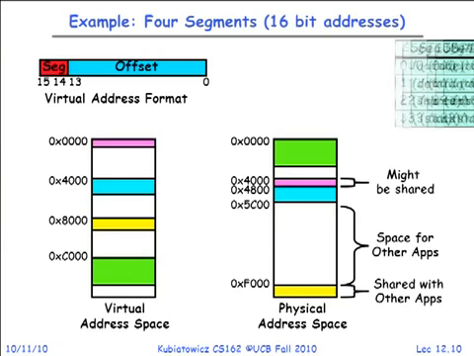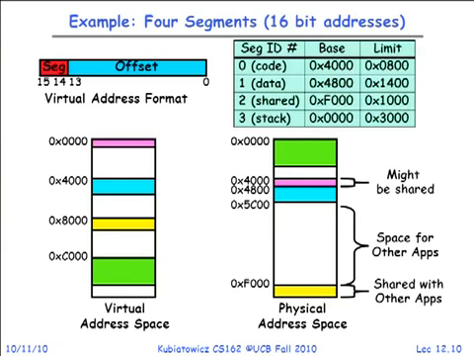Now, what's interesting is that when we add the segment table into this, we see that segment 0, for instance, has its own base and limit. Segment 0 is going to be here, starting at 4,000 hex in the physical DRAM, and it has a limit of only 800 hex. So it's a little thin sliver, which means that these addresses here get translated to these addresses there.